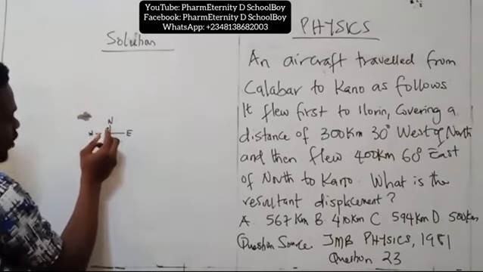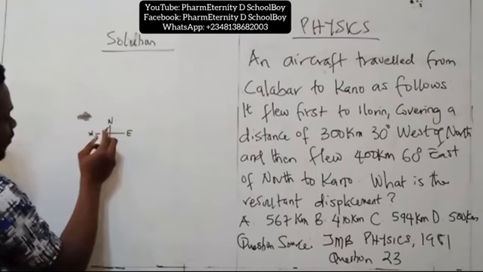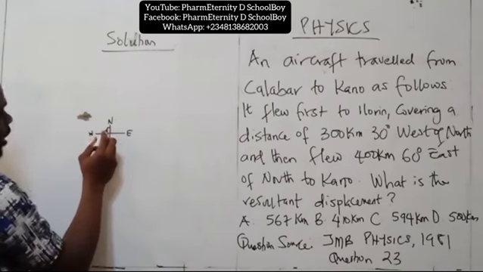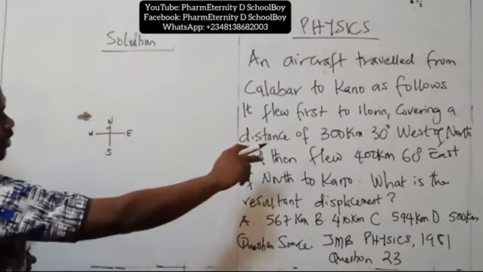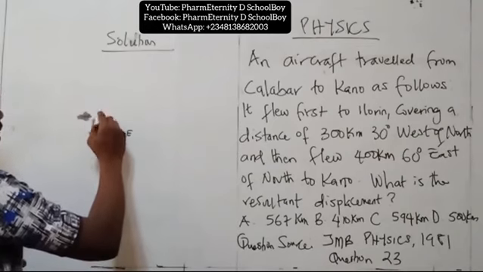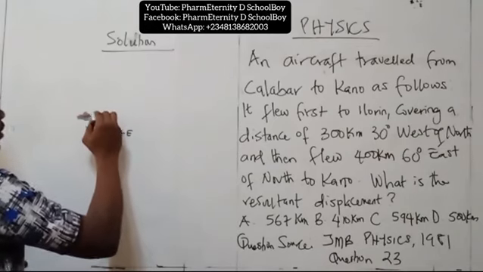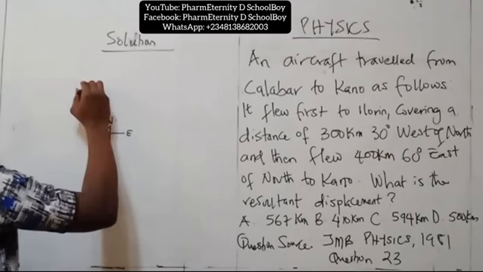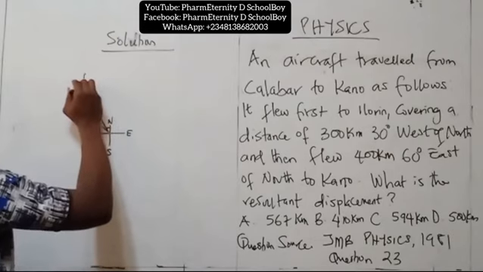30 degrees should be somewhere less than 45, less than half. Here is 90, so 30 degrees should fall somewhere here. But the distance is 300 kilometers. So we now extrapolate to this point. Let's stop here and place another cardinal point.